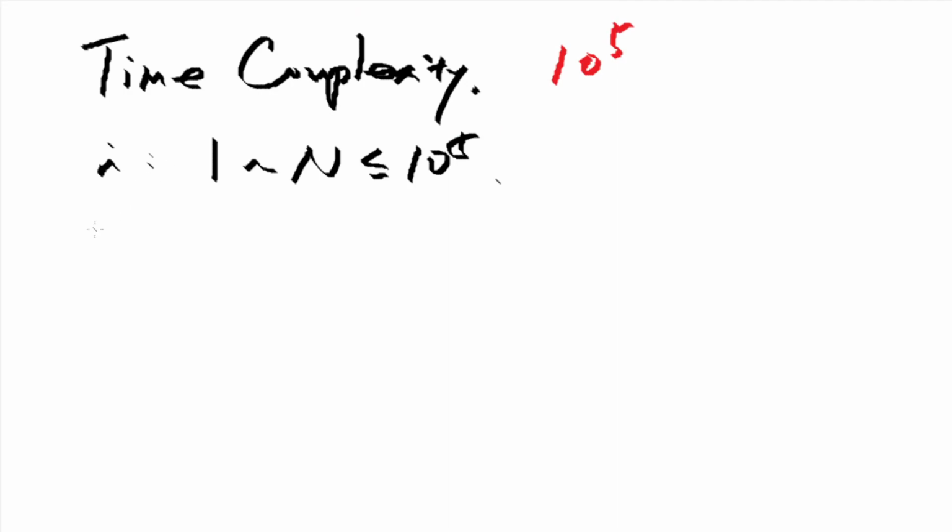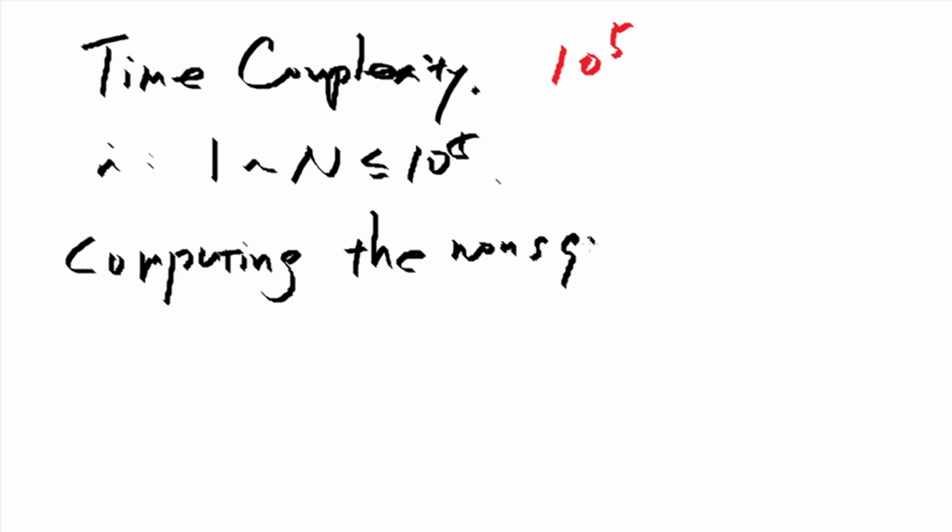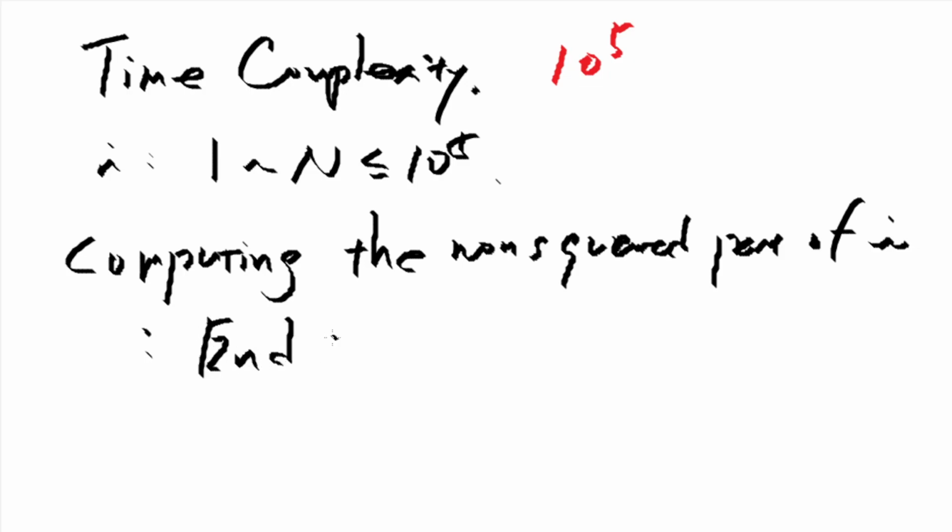And then computing the non-square part of i for each i, the operation ends before i is less than p squared.